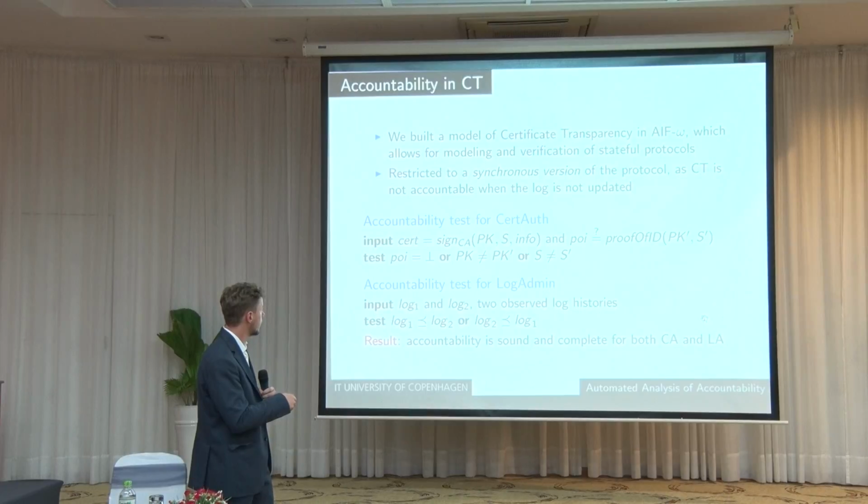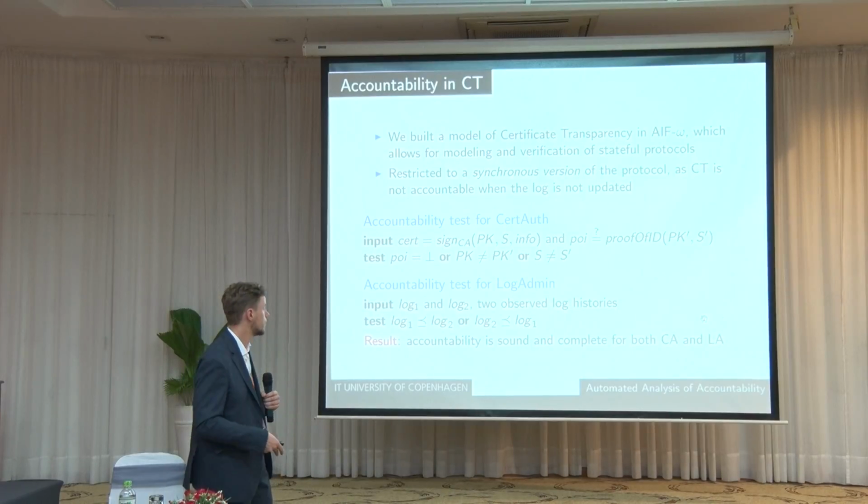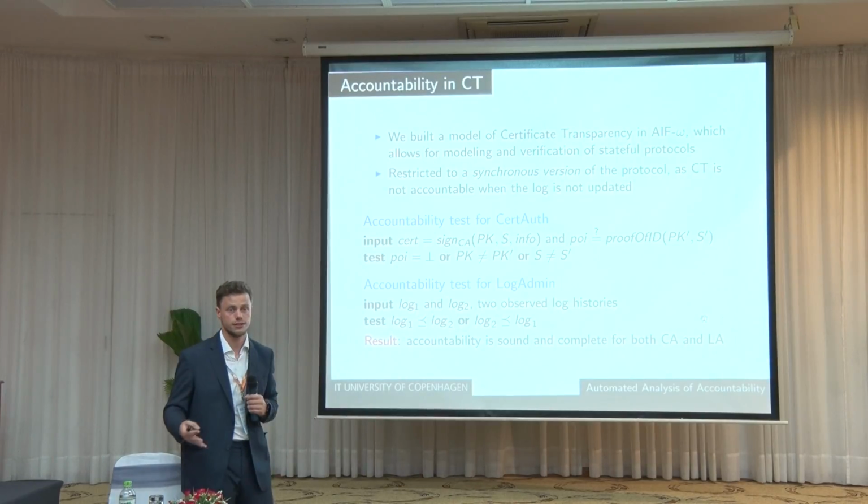The other case is whenever we observe, so if we want to blame some log administrator who misbehaved, we need to observe two different histories, two different versions of the log, and we need to make sure that one extends the other.